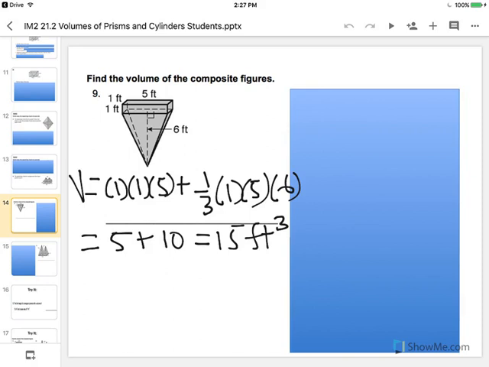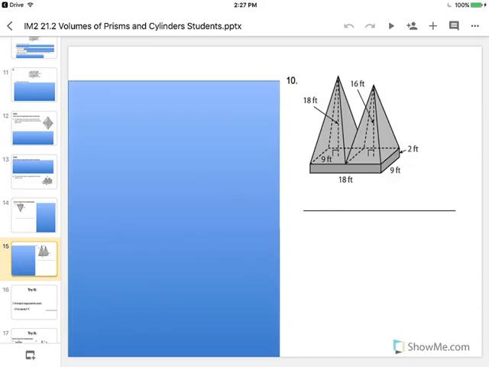Make sure that when you look at the pyramid, it's only this part, so the base of the pyramid is a rectangle, which gives us that, and the height is 6. Let's try number 10.